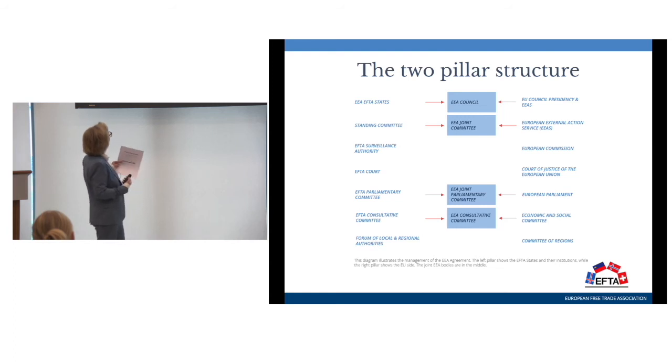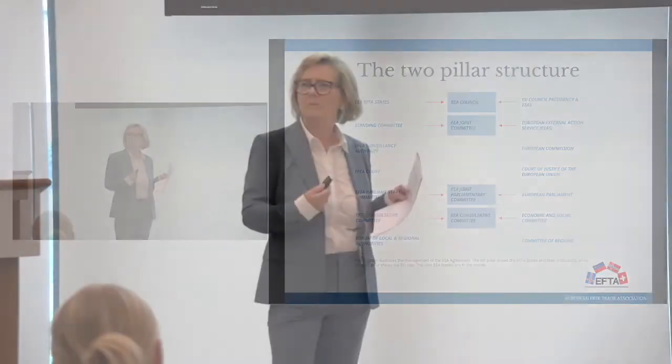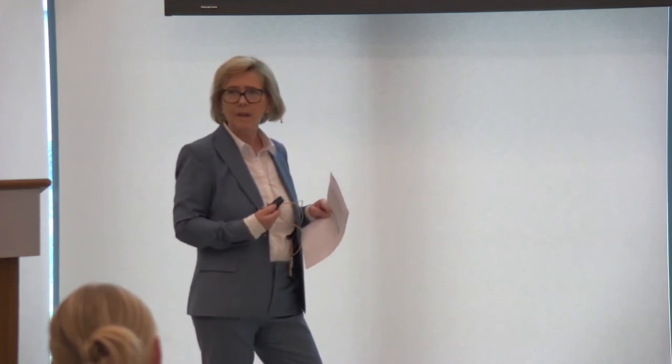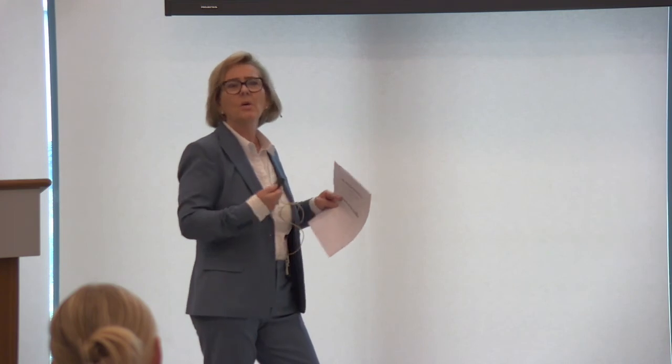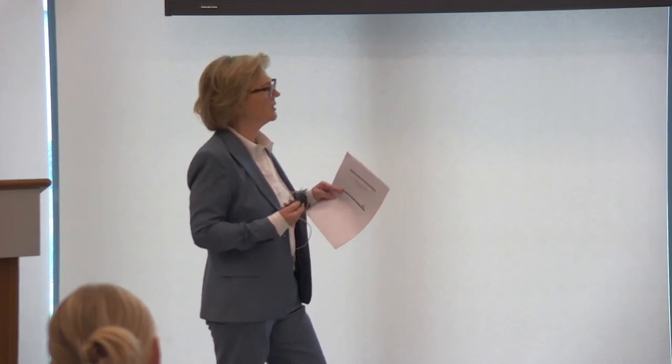To this effect, the EFTA Surveillance Authority has the same competences as the EU Commission would have towards the EU member states. We will have a colleague from the EFTA Surveillance Authority who will tell you more about the duties, tasks and work of the Surveillance Authority.